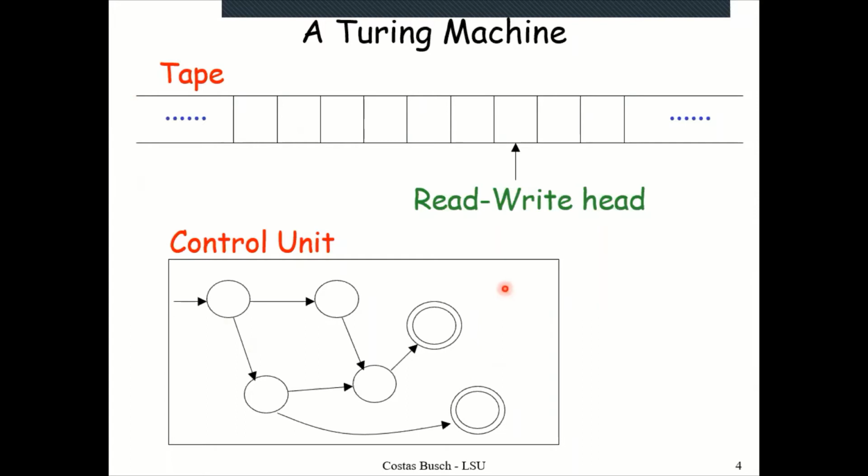And we do not have any stack for the Turing machine, because if at all it has to write something, it has this entire tape available with it. So if it wants to keep a record of something or keep the history, it can always use the blank cells of the tape.